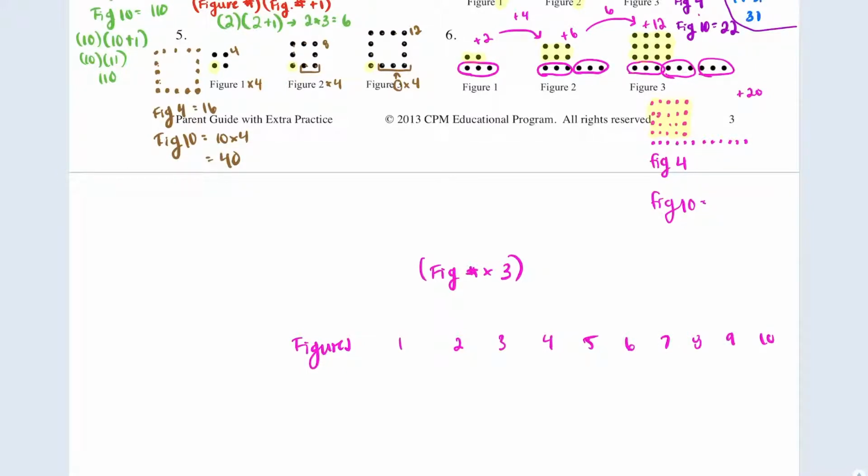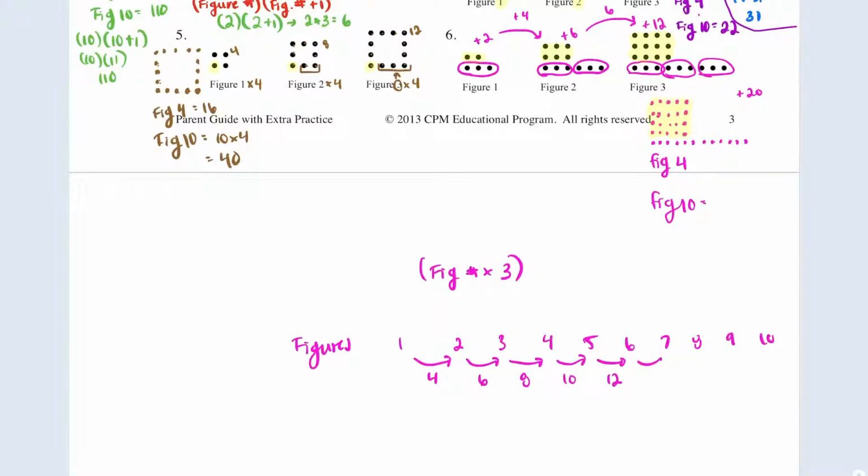Okay, so the difference between figure 1 and figure 2 was 4. Between figure 2 and 3, there was a difference of 6. Between figures 3 and 4, there should be a difference of 8. I'm going to continue this pattern. It looks like we're increasing by 2.